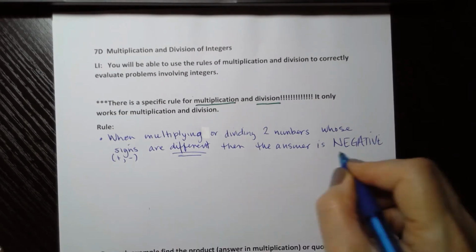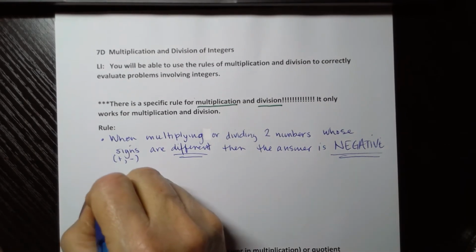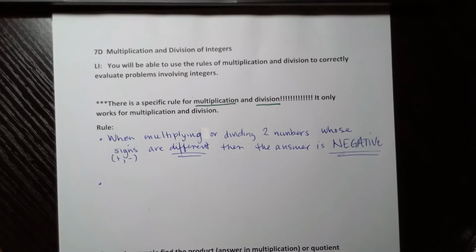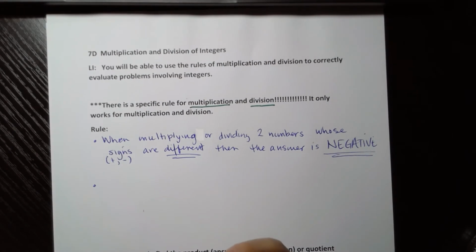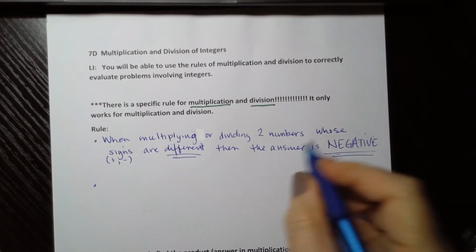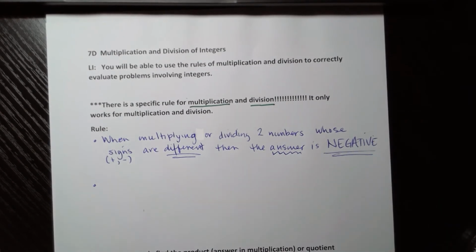Different signs, negative answer. I think we've seen this before when we were changing the two signs between two numbers. It's kind of the same rule, except it's about an answer this time.